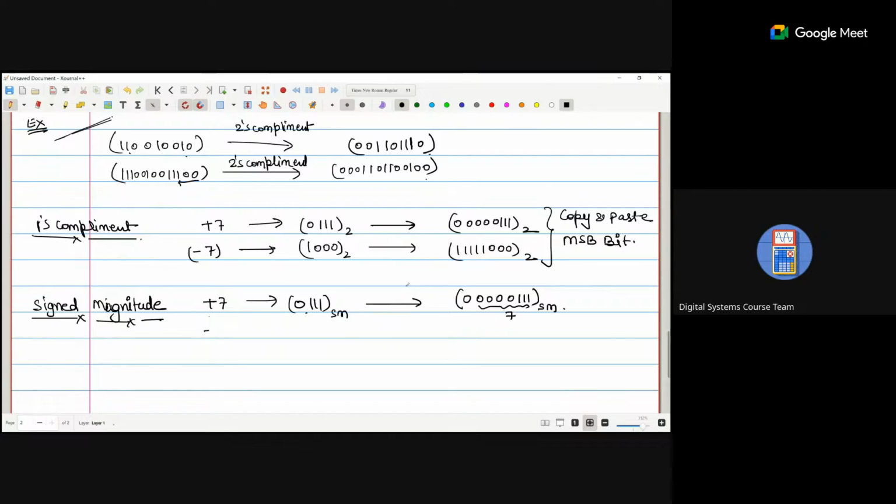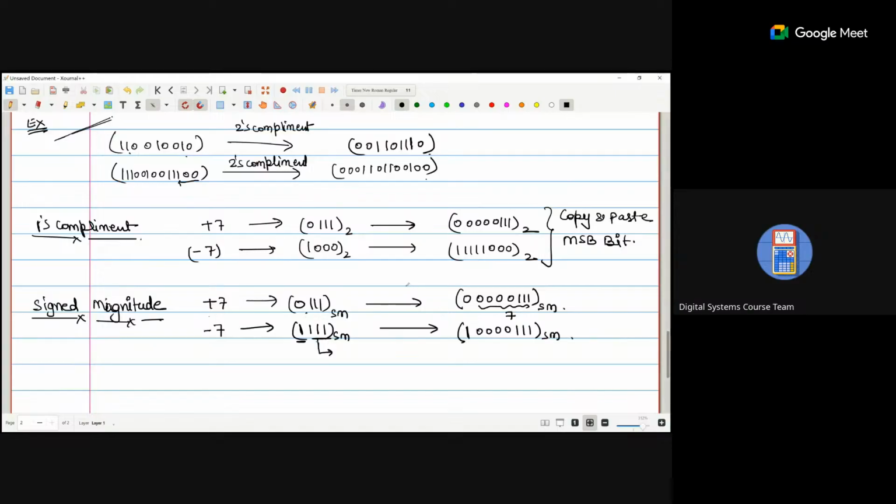In the case of -7, it is 1111 in sign magnitude. One is for the negative sign and this is for 7. Now I have to extend it to 8 bit. So MSB is 1, but I have to represent 7 in 7 bits. So it is 1, 0, 0, 0, 0, 1, 1, 1.